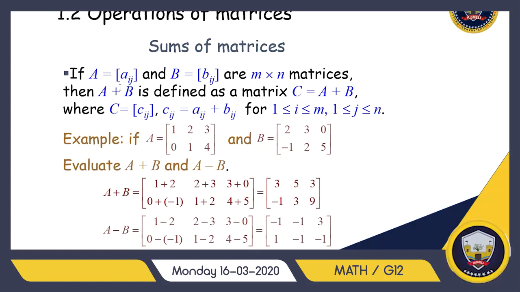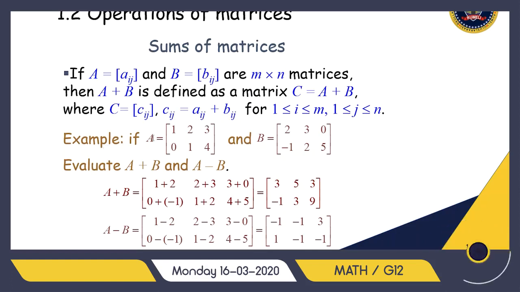If we have A defined as a matrix a_ij and B defined as another matrix b_ij, both with order m multiplied by n, we can add A to the matrix B and define the answer, which is C. Each element c_ij equals the corresponding element of A plus the corresponding element of B.